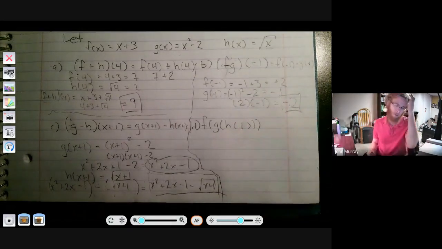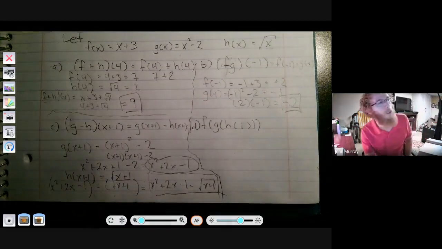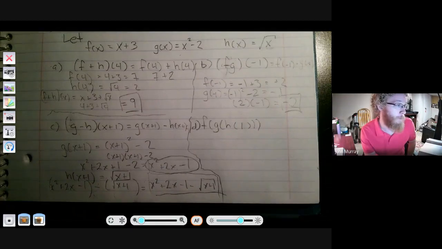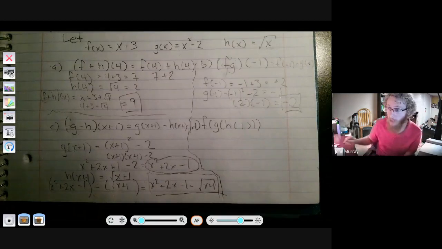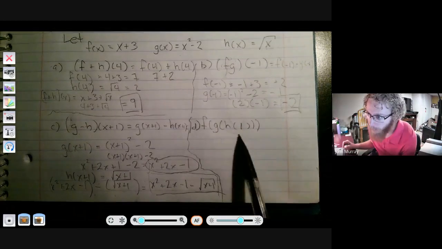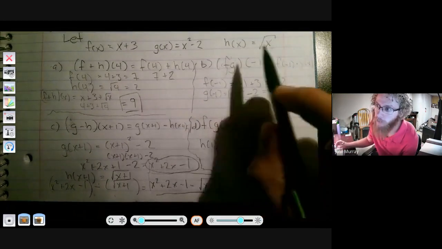All right, so our last one is a composite function, but we're going to composite it twice instead of just the one time. So we're going to use our chain rule, our input-output thing, but we're going to do it twice. So remember, we look at the inside first. So I'm going to calculate what is h of 1.